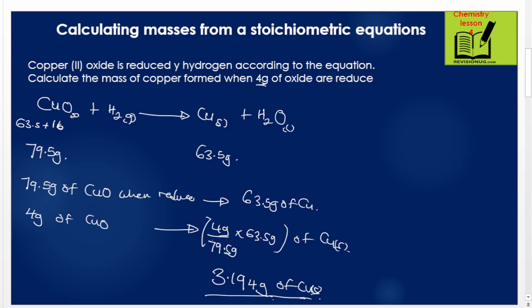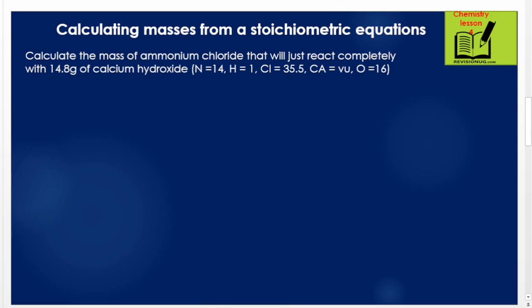Right. So our example number 3 here says calculate the mass of ammonium chloride that will just react completely with 14.8 grams of calcium hydroxide. So let us now have this equation written down. So this is ammonium chloride, a solid, reacting with the calcium hydroxide here, which is also a solid.